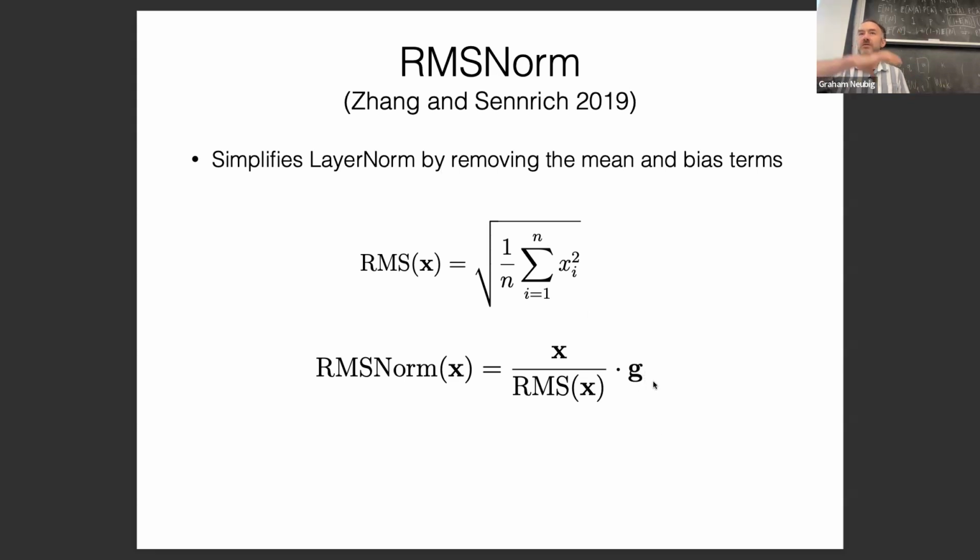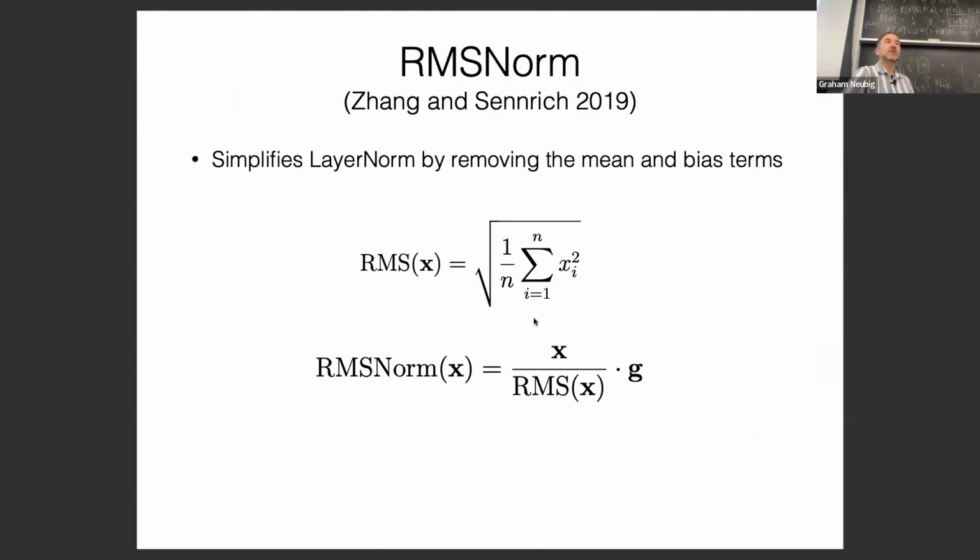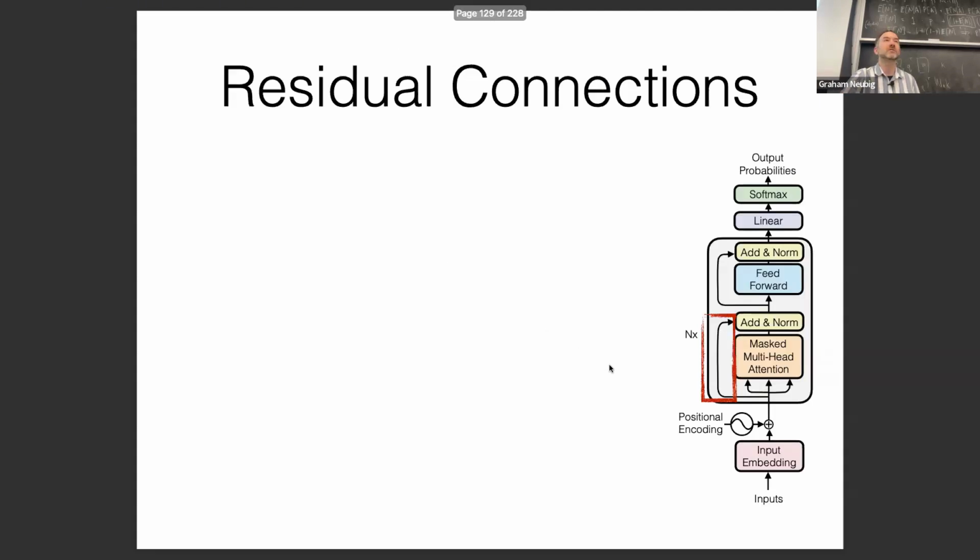It doesn't do the mean adjustment. I should point out that the overall performance using RMS norm or layer norm is approximately similar. The main reason to use RMS norm is that it gives fewer parameters, and it's simpler and faster.